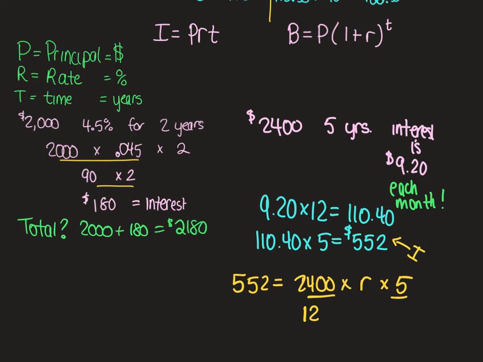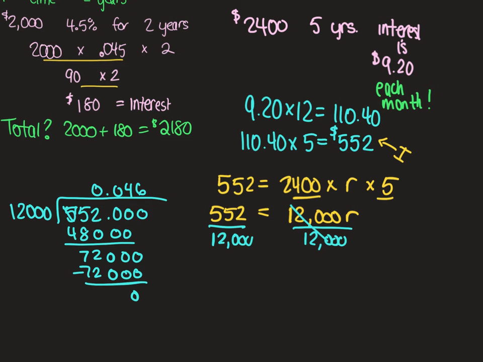I get 12,000. 12,000 R equals 552. Now this is an equation where we can sing the silly song. Divide by 12,000, divide by 12,000, cross out, what's my answer? I did the scratch work off to the side, and I got 0.046.